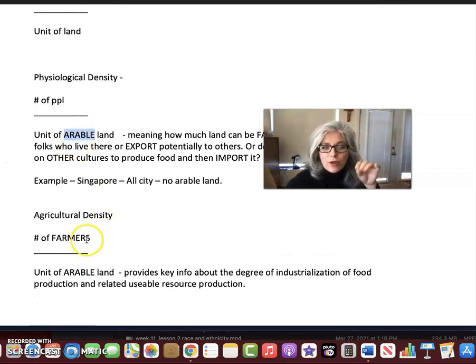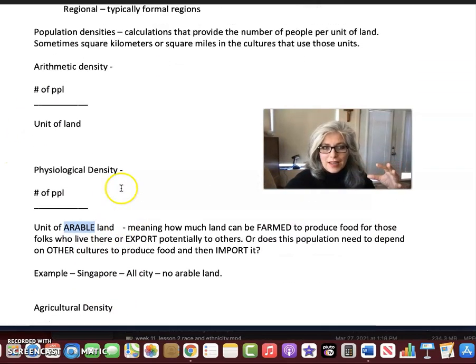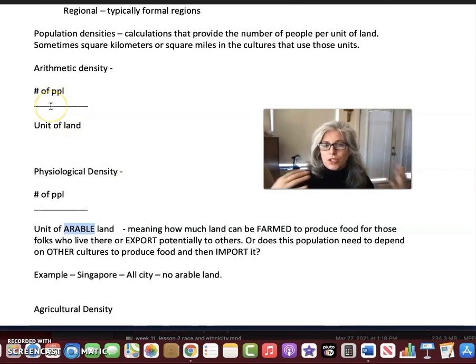So if you have a few farmers with lots of arable land, then probably most of the people in the general population have a pretty high standard of living. They probably have a lot of income available to them, or at least lines of credit to buy a lot of things. There's probably a lot of consumption going on.